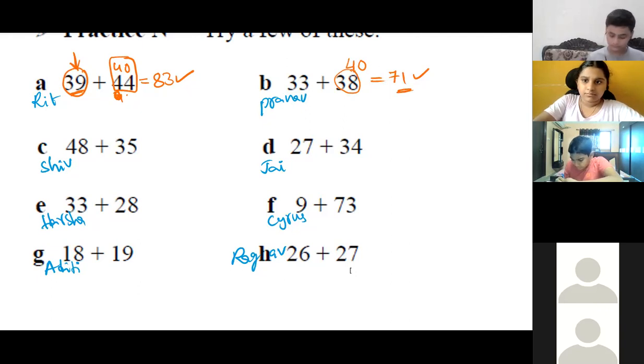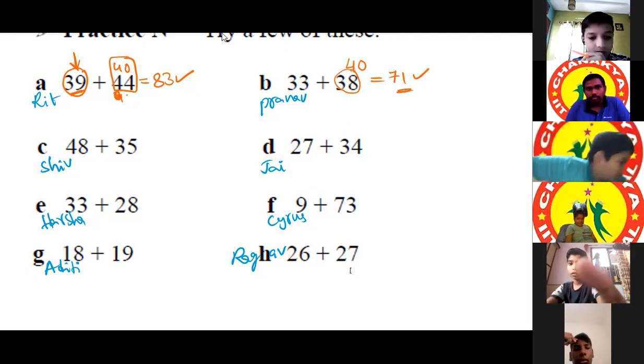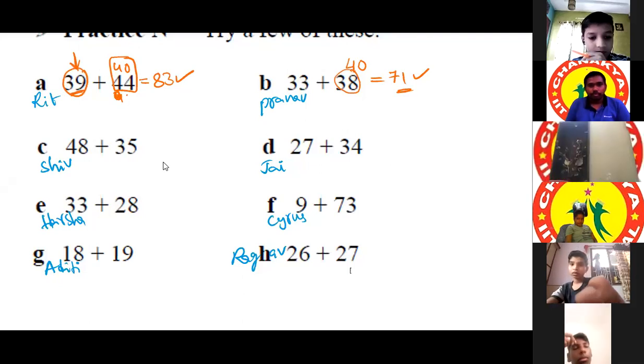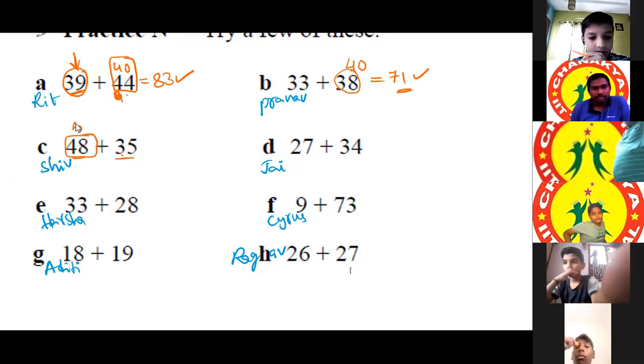Next person. Sir, we should take 35 as 40. No, it is better to take this one. Closer to base is better. Okay, sir. It will become 50. We'll consider this number as 50.